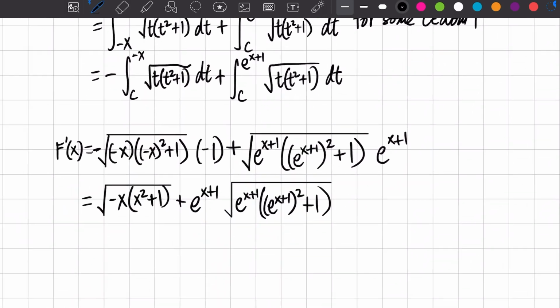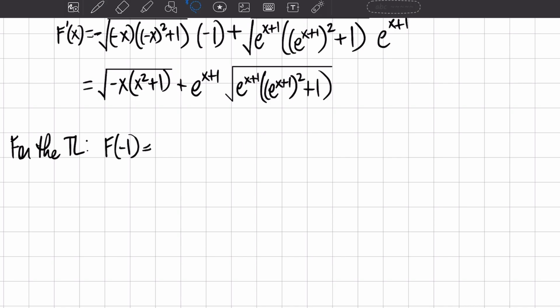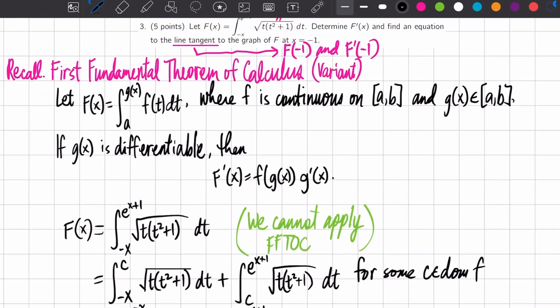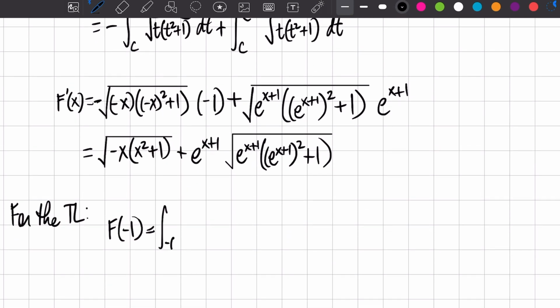So for the tangent line, first we need your f of negative 1, and that one would be the integral from, so we will plug negative 1 to the bounds, so that's the negative of negative 1 to e raised to negative 1 plus 1 of the square root of t times t squared plus 1 dt.